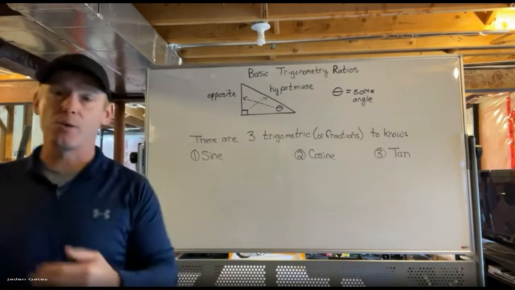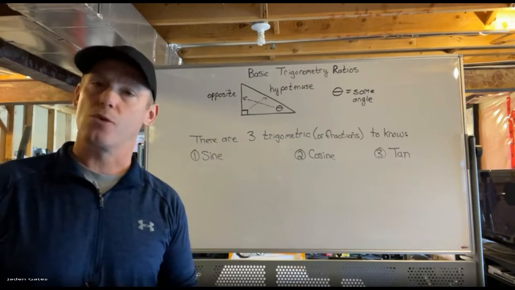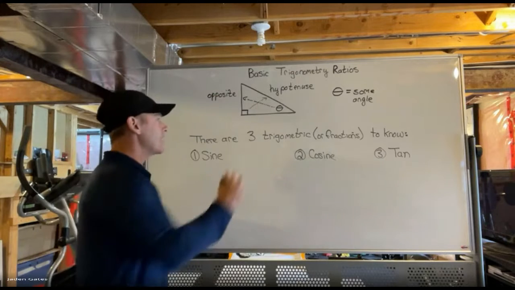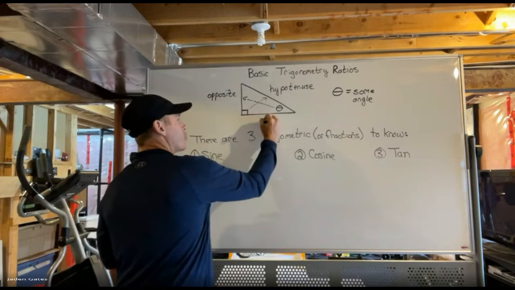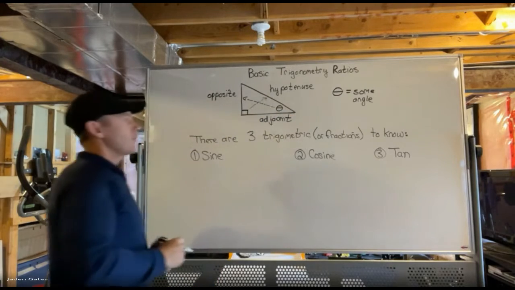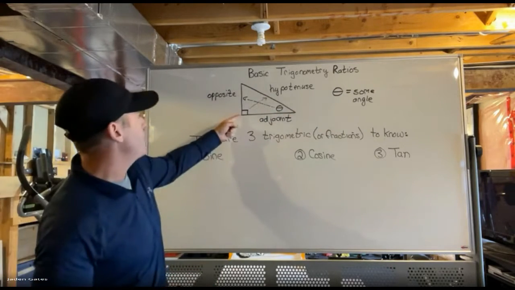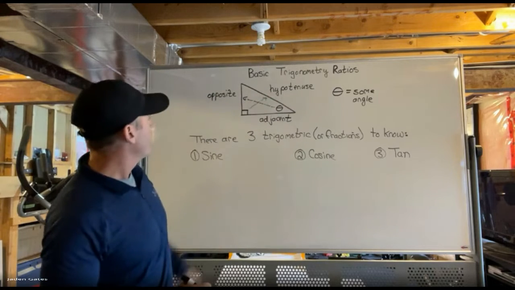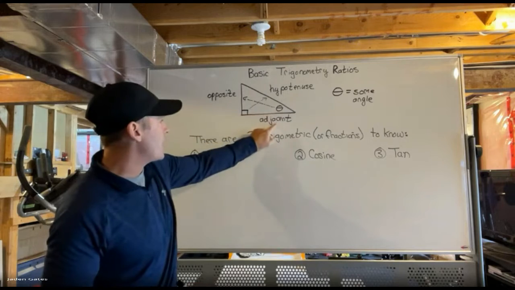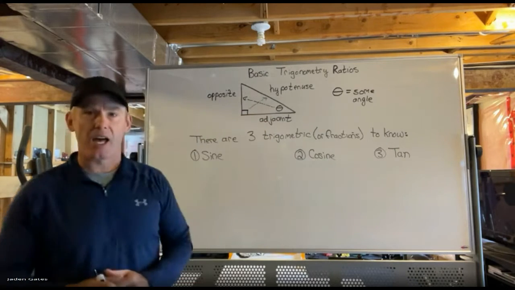Now, they use a fancy word, and this is what I struggled with because when I was in high school, I wasn't very good with English. Another word for beside is adjacent. So we have our 3 sides. The hypotenuse is across from the right angle. The opposite is across from the angle we're looking from. And the adjacent is the side beside that angle.